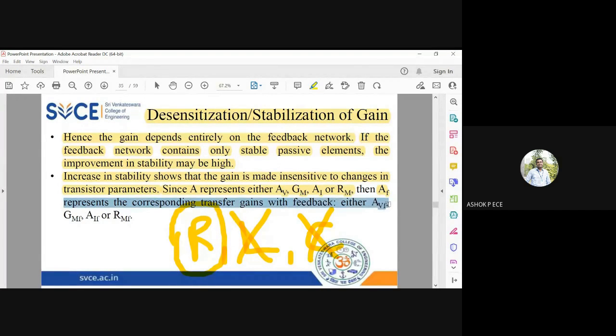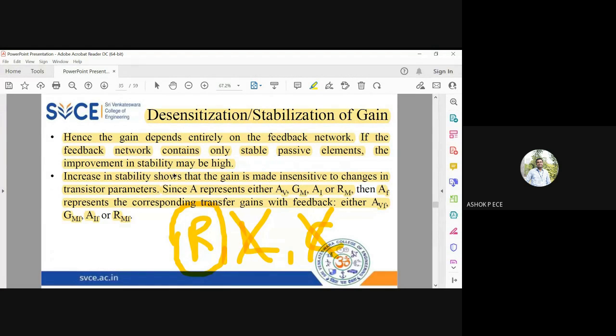So put the suffix F to everything. AV will become AVF, voltage gain with feedback. GM will become GMF, transconductance with feedback. AI will become AIF, current gain with feedback. RM will become RMF, transresistance with feedback.